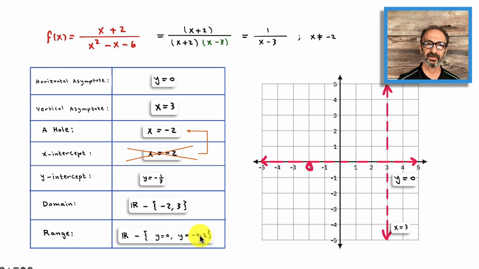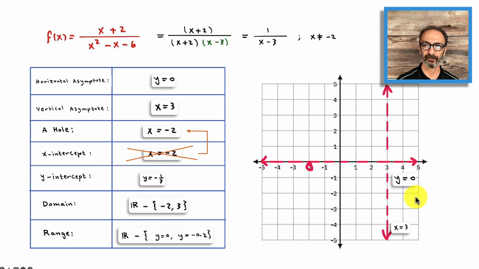Because you remember this value? That's like -0.2. If it's filled, that's the value of it. Which is good to know, because if you have no idea, you might go a little bit down here. But that's not a very good graph. Of course, when you graph by hand, it's not going to be perfect, but to the best that we can. So we talked about the domain and range, but the graph is going to support that.